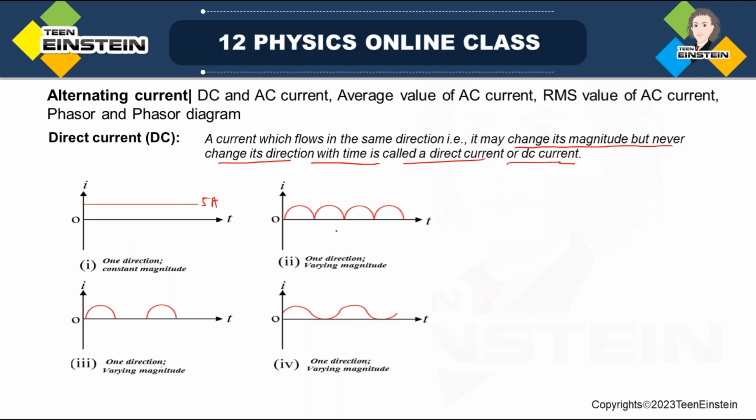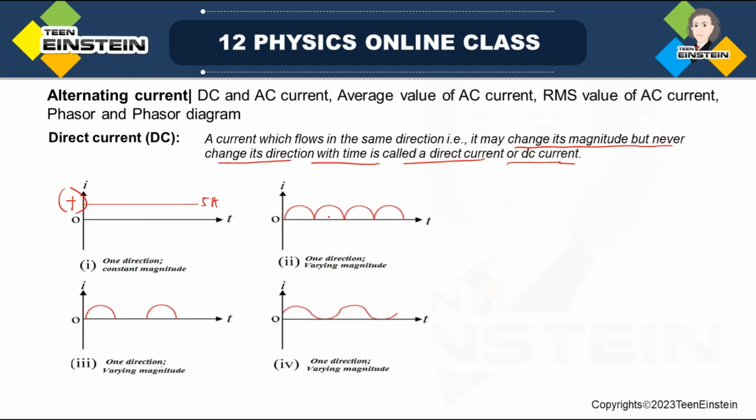Another example, as I said, magnitude may vary but direction does not change. It is always positive on the y axis, so it doesn't change its direction, and it doesn't change its magnitude either.